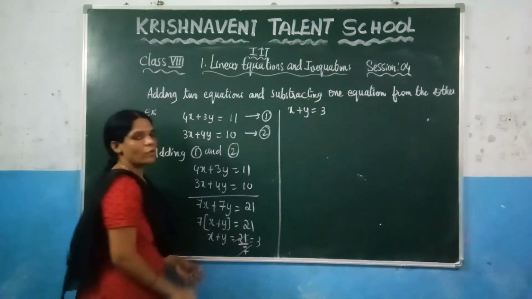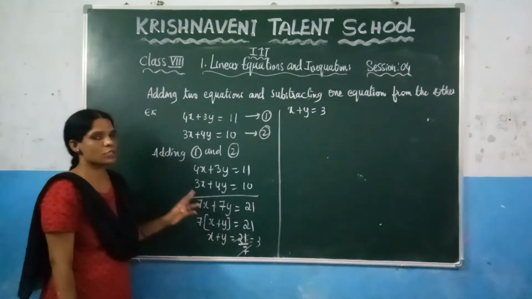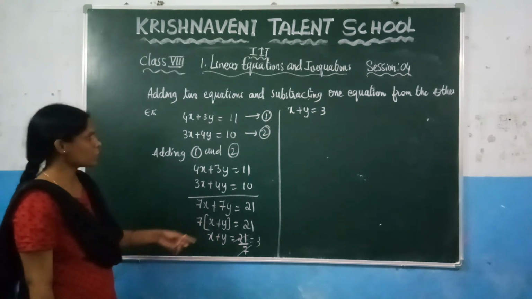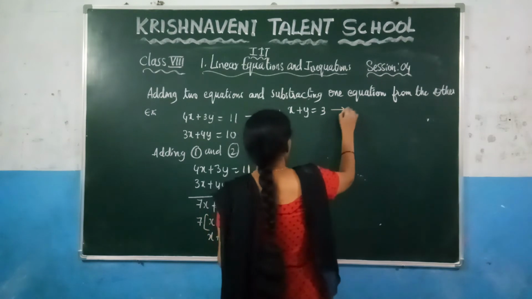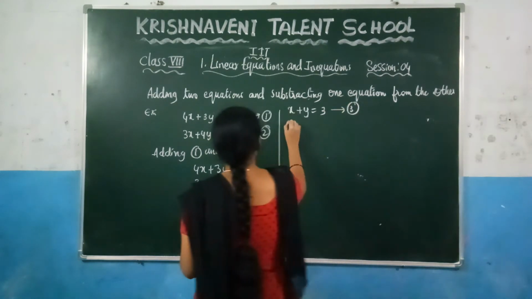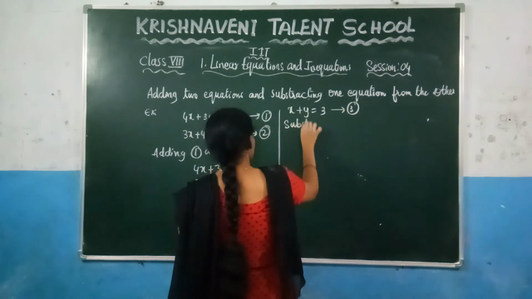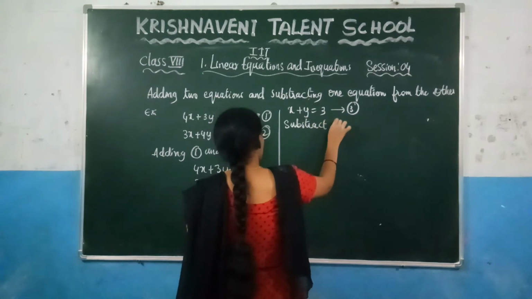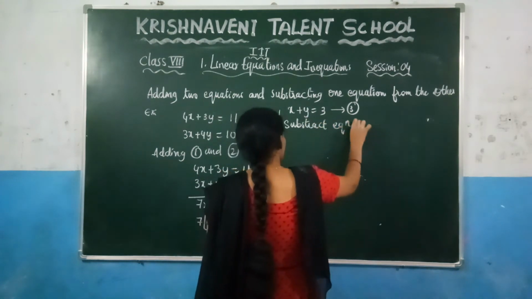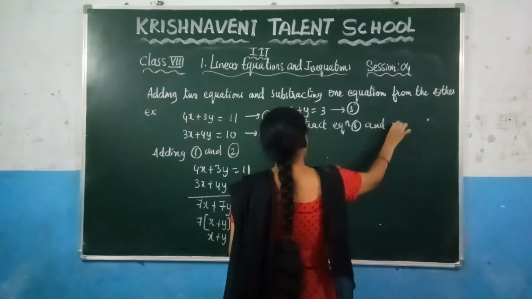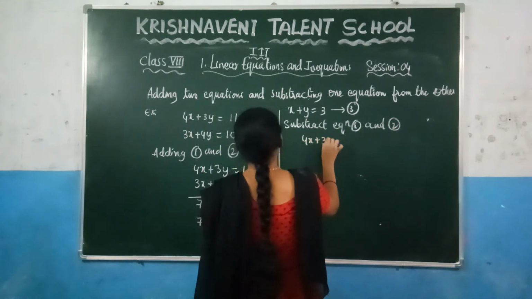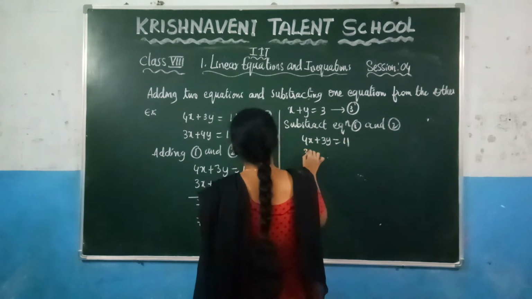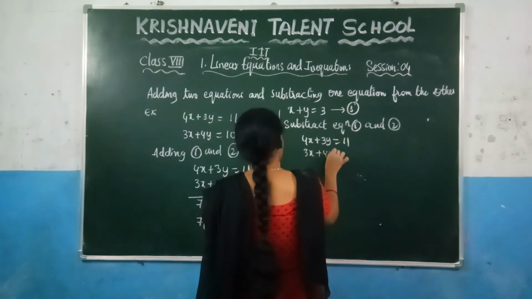So what we have done, we have added these two equations. Now we need to subtract these two equations. Let us consider this equation as 3. Now subtract equation 1 and 2. The equations given are 4x plus 3y is equal to 11 and 3x plus 4y is equal to 10.